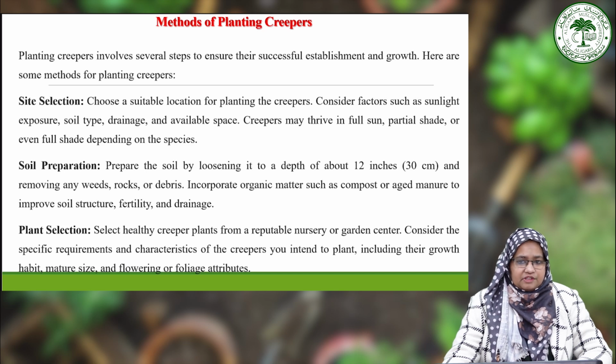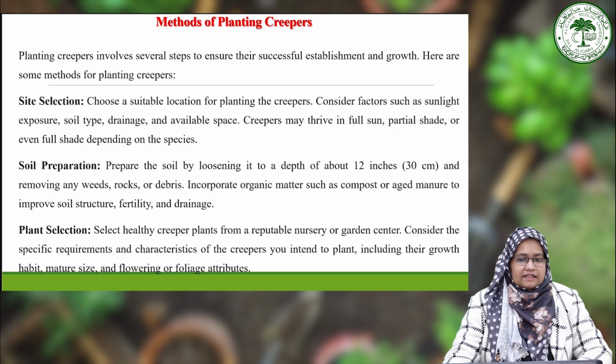Then we have to prepare the soil. Soil preparation is done by loosening it to a depth of about 12 inches, approximately 30 centimeters, and removing any weeds, rocks, or debris. Then we have to incorporate organic matter like compost or aged manure to enhance soil structure, fertility, and drainage.